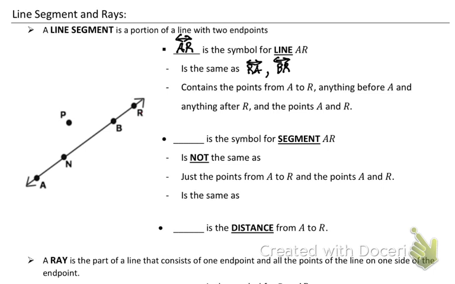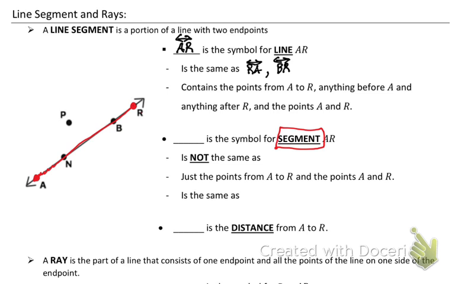All right, now we're going to get to the new thing, and that's called a segment. A segment is just like a line, except it doesn't have arrows on the ends. So let's talk about AR. If you look at my drawing over here, AR would be that red section there without the arrows.